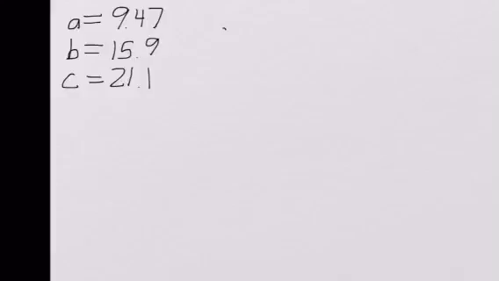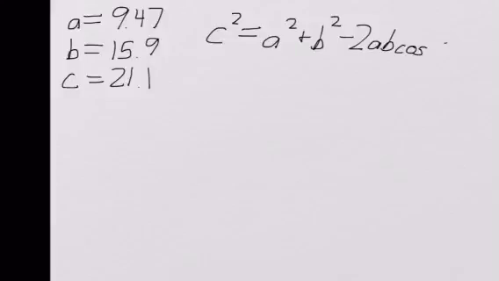So we're going to use the form of the law of cosines. C squared is equal to A squared plus B squared minus 2AB cosine of C. Now before I start plugging numbers into here, I'm going to go ahead and just work with the symbols.